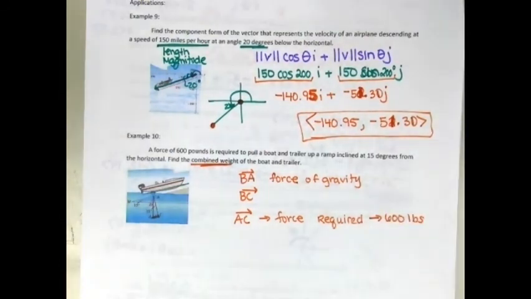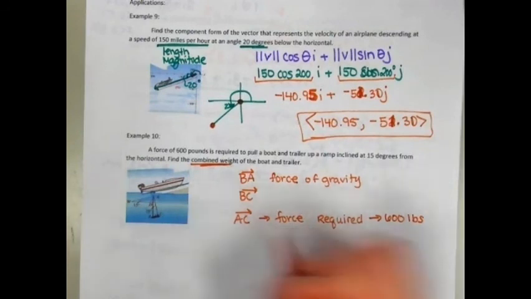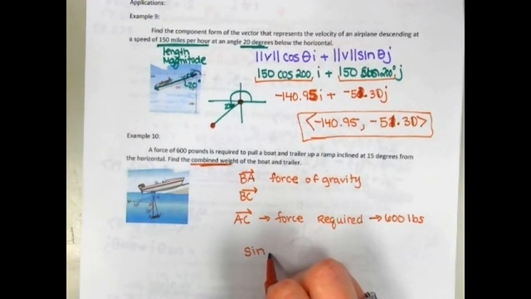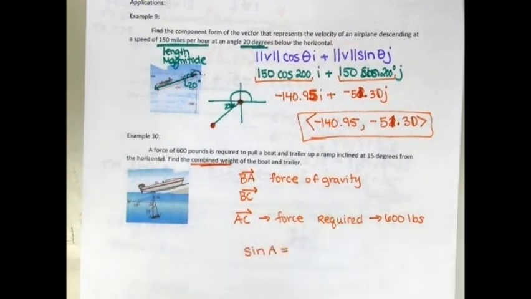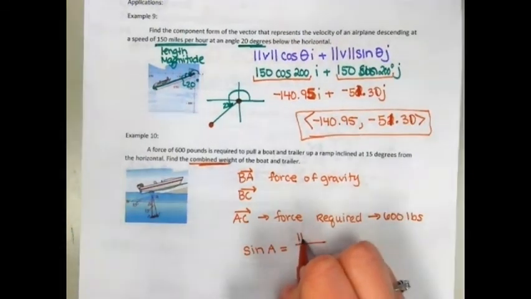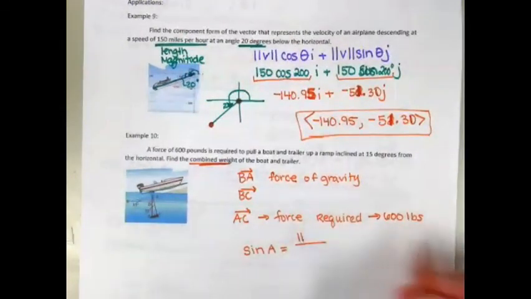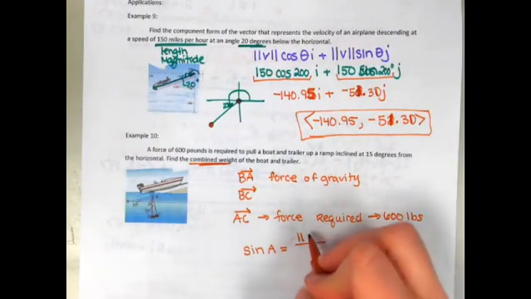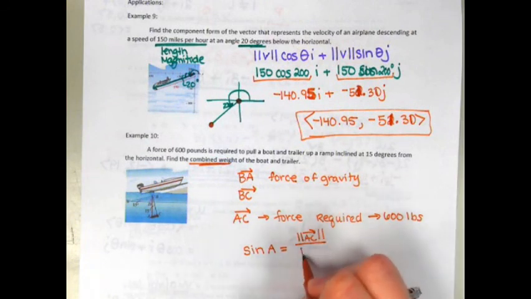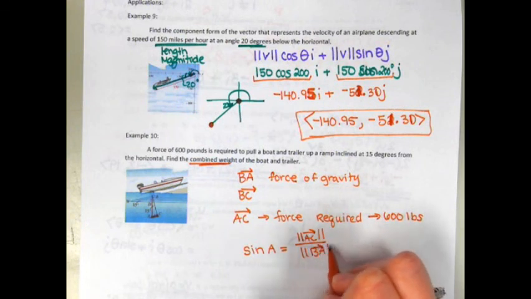So now to find this combined weight, I'm going to just set it up for you. It is the sine of your angle. So let's say angle A equals the magnitude of your required force, which is AC, divided by the force of gravity, which will be our BA or BC, whichever one you want to look at.